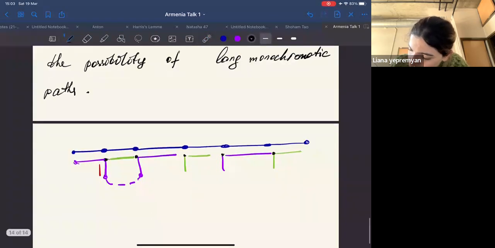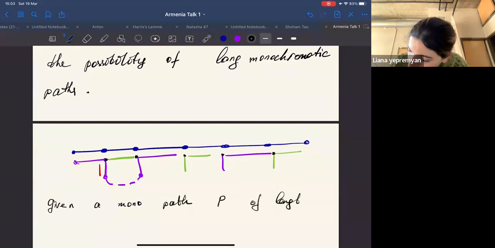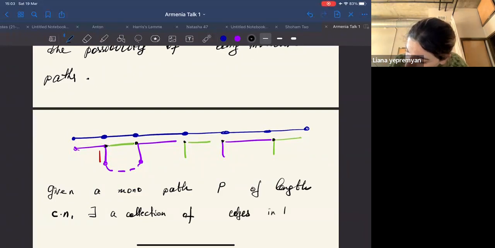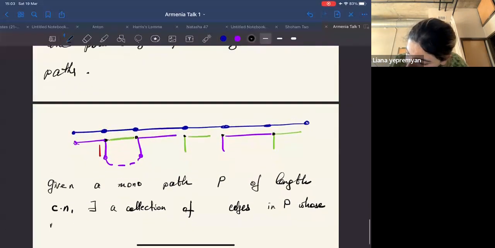So given a monochromatic path P of length, let's say, some constant times n, there exists a collection of edges in P whose corresponding events are independent.